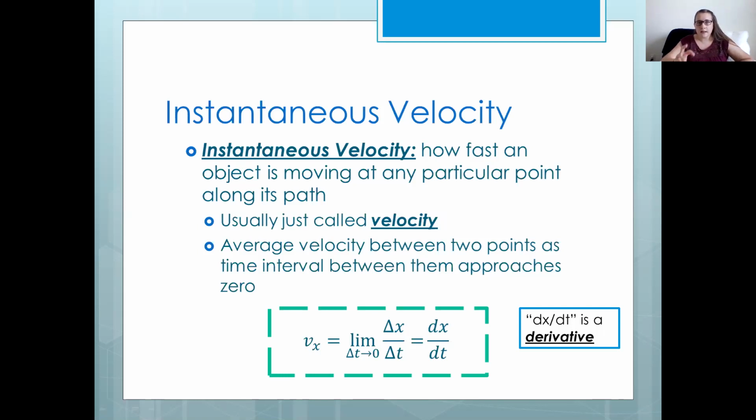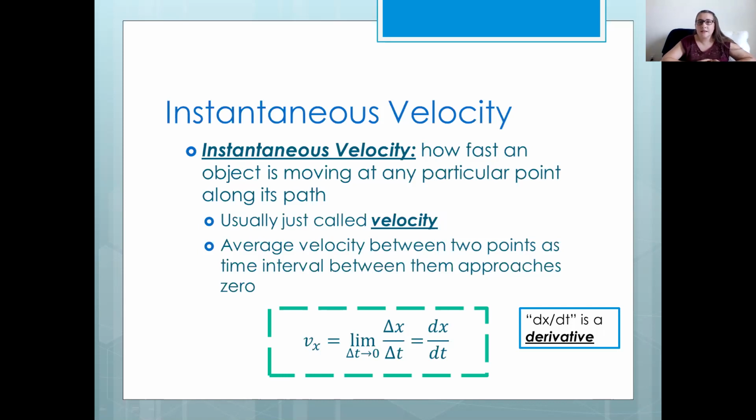So that's the way we write a limit, lim, as delta t approaches 0. And it's the limit of that change in x over change in time. And the shorthand way to write that is dx over dt. Just remember it in terms of d for delta, because they're related to each other.